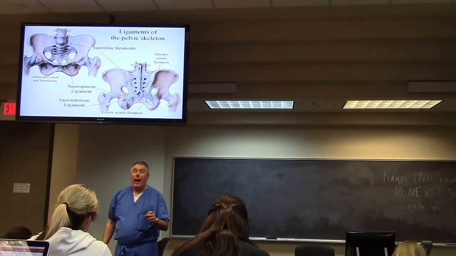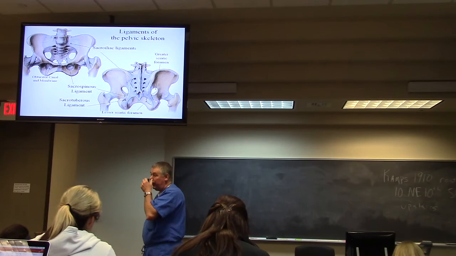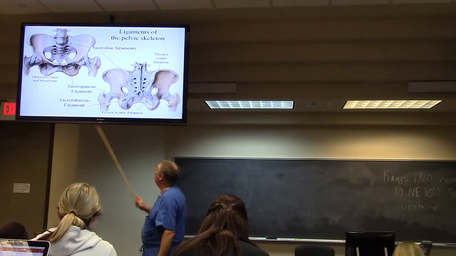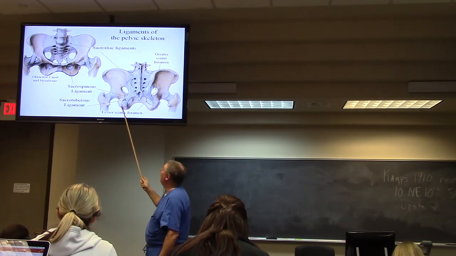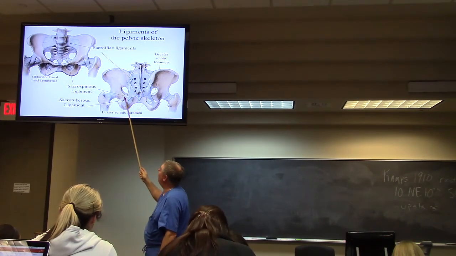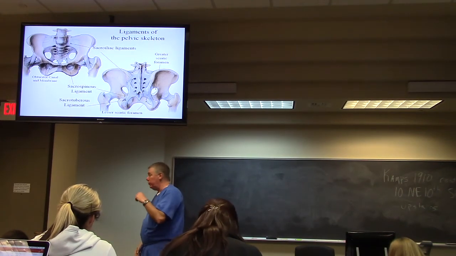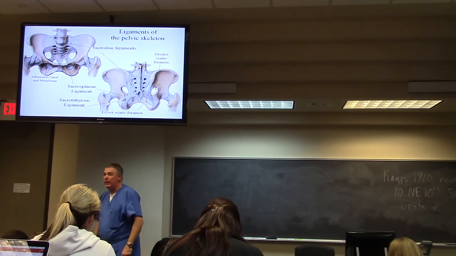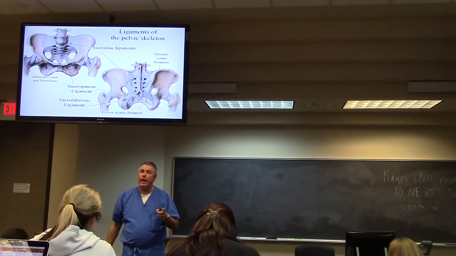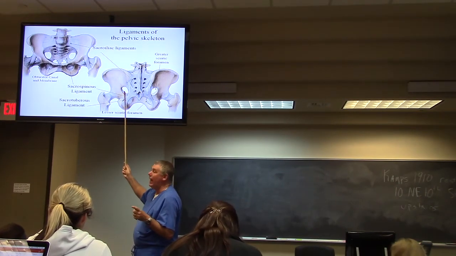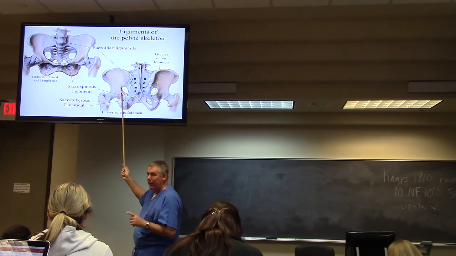Now, if you look on the back of the pelvis, there are 2 ligaments that are very important, and we're going to find them tomorrow. There's a ligament that runs from the sacrum down to the ischial tuberosity, and another ligament that runs from the sacrum to the ischial spine, called the sacrotuberous and sacrospinous ligaments. What these ligaments do is they turn the greater sciatic notch into the greater sciatic foramen.